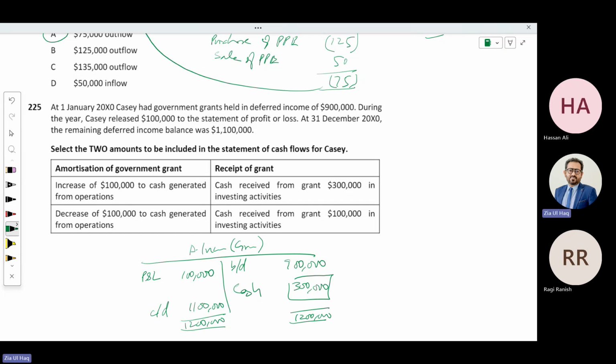Expenses we add back, income we deduct. In our format, that figure was in brackets. And receipt of grant, cash received from grant 300,000, in investing activities. Is that right? Yes.